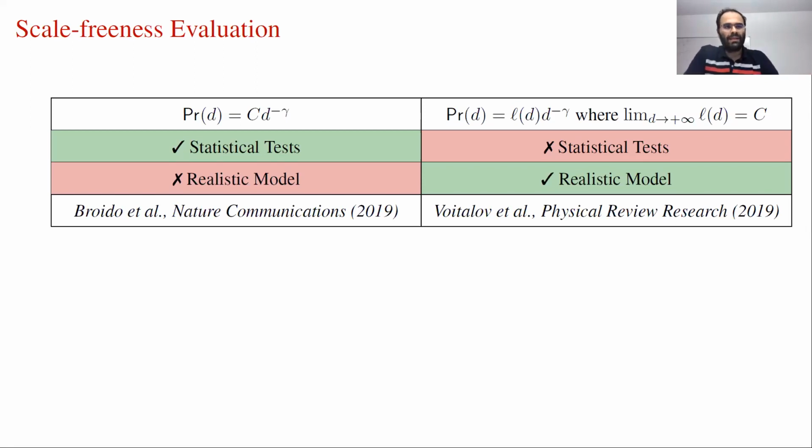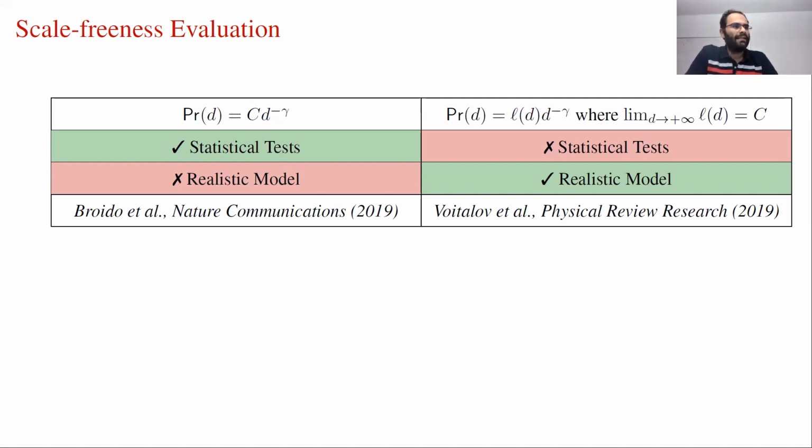And the disadvantage of this way of evaluating scale-freeness is that it's impossible to have statistical tests because there are basically infinitely many choices for this class of functions L of d, and it's non-parametric, this class. But it's a more elastic model, and many distributions, for example, power laws with exponential cutoffs, are captured by this definition. And the state of the art for this way of evaluating scale-freeness is the paper of Voitalov and co-authors, Scale-free networks well done.